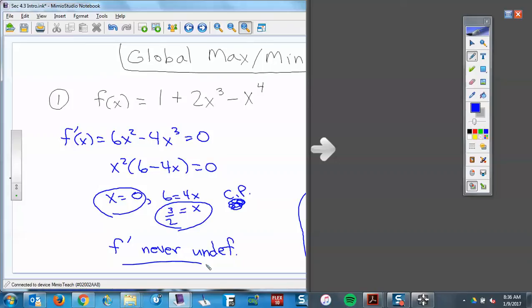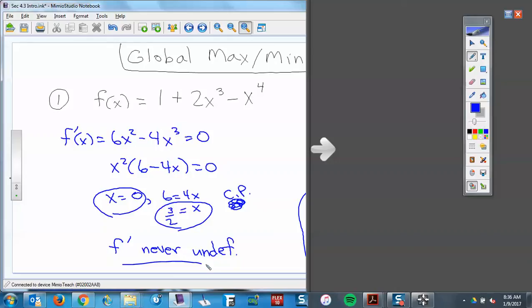A log function is never negative. If you have a log function, your original function was probably a log function, so x couldn't be negative anyway. But undefined just means you plug in a number and can't get a number out. So polynomials are never undefined.